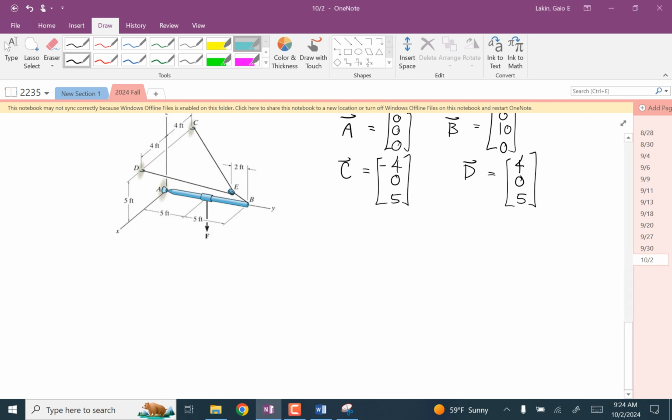Okay, so what's happening if you look at this from the side? You have a cable like this with a height of 5 feet, and you have a pulley here. Okay, so this distance is 10 feet. This distance is given as 2 feet.